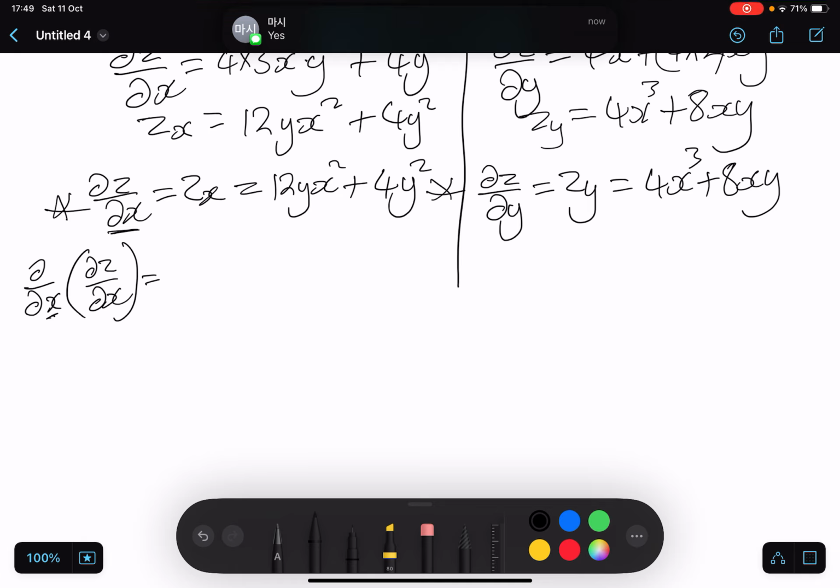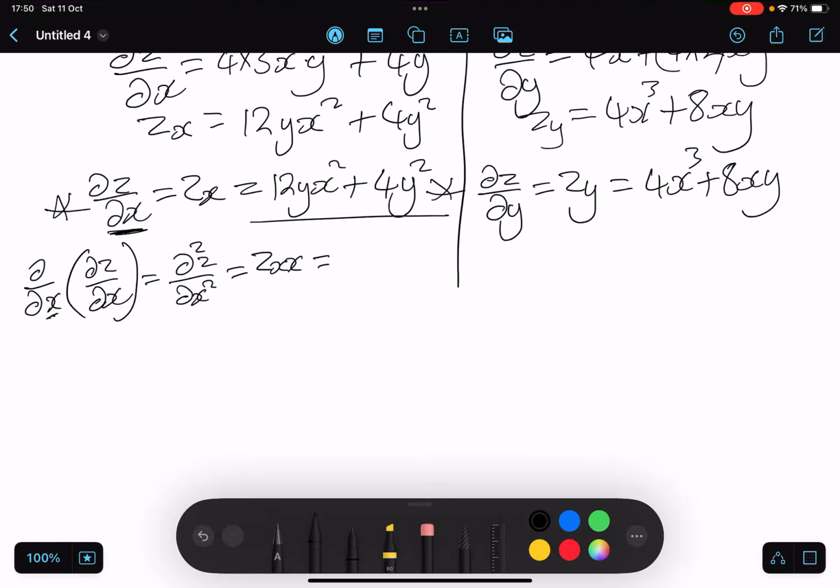So this is the same as d squared z over dx squared, right? Which is also equal to zxx, which is equal to what? I'm differentiating this with respect to x, which means y here is going to be a constant. So what am I going to have?